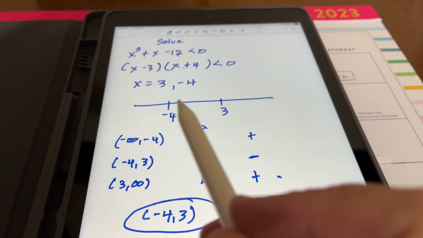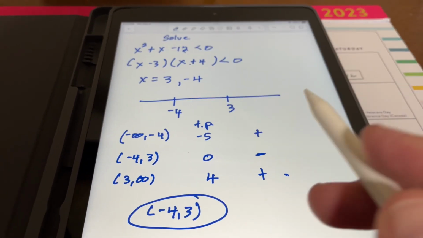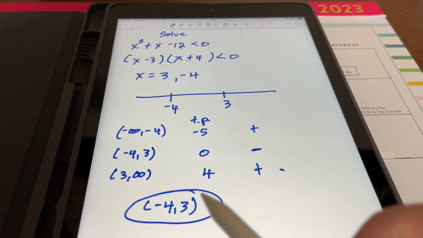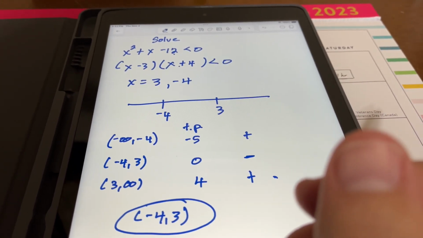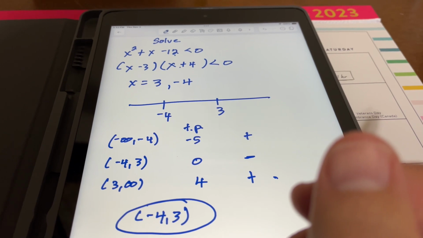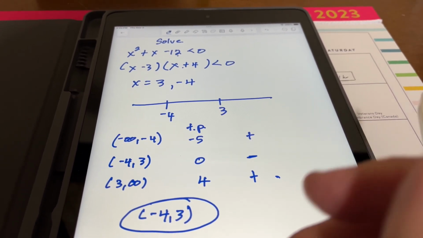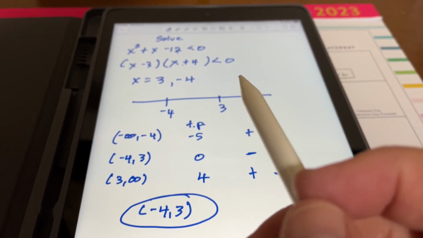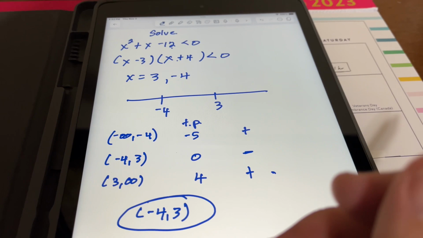If I wanted the endpoints to be included, I would have had to use brackets instead of parentheses, but these are parentheses to say that the endpoints are not included. So the endpoints would in fact give you 0. It wouldn't be less than 0. So this is one way to solve this type of problem.